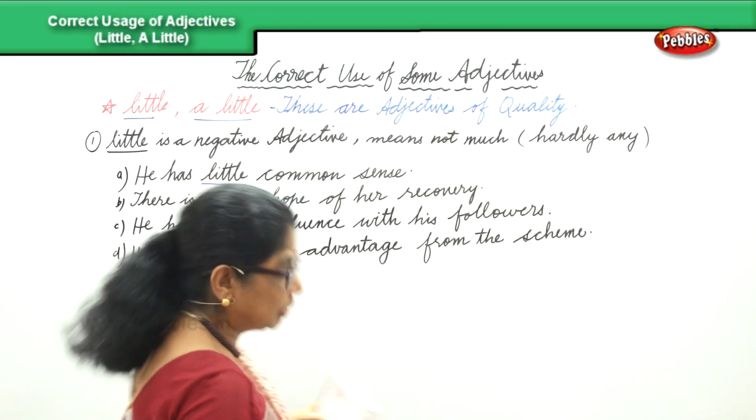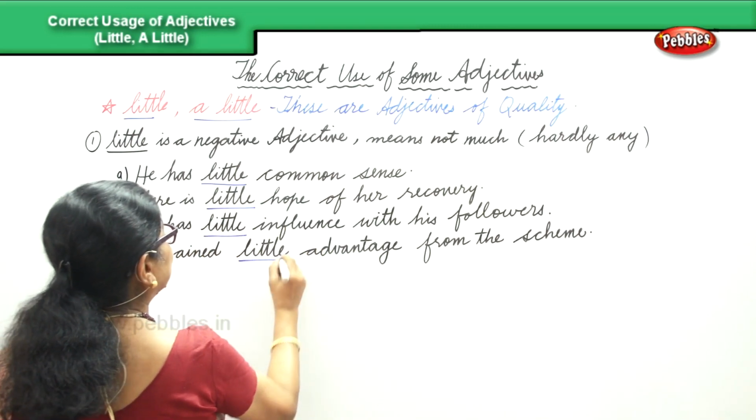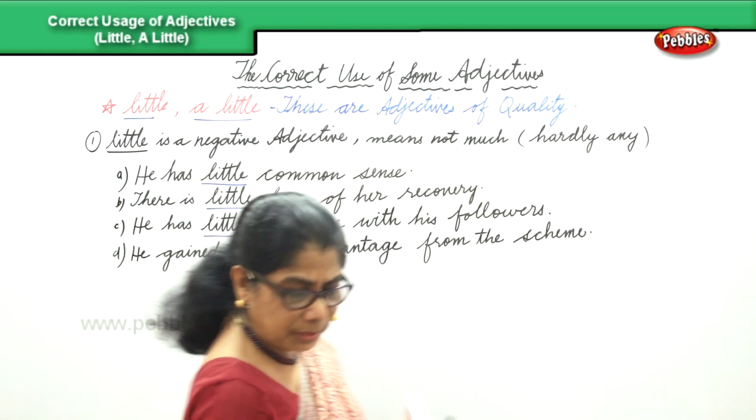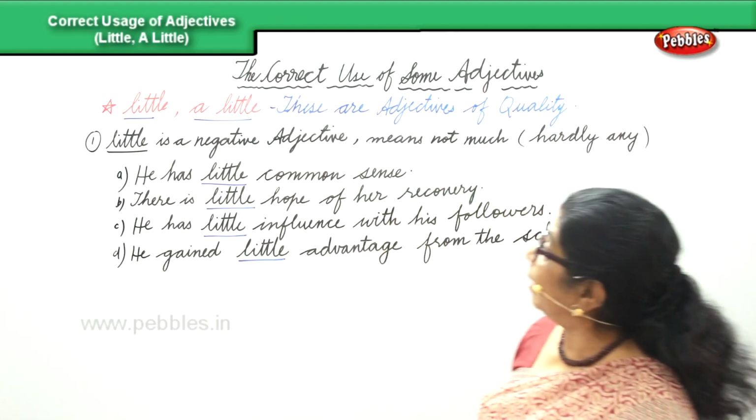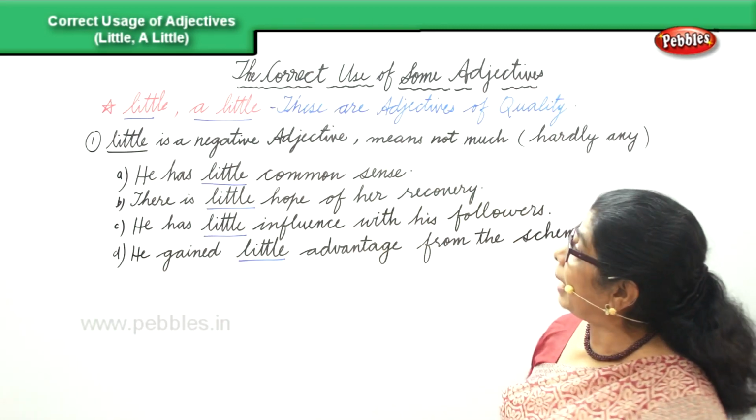Hardly any, not much. He did not get anything much from the scheme. That's what it means. So, we are looking at the correct use of some adjectives.